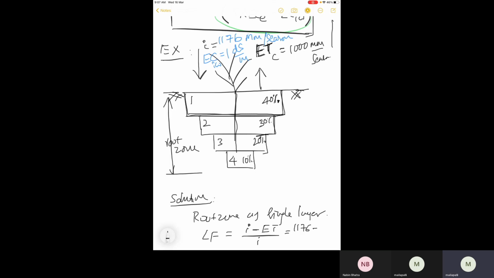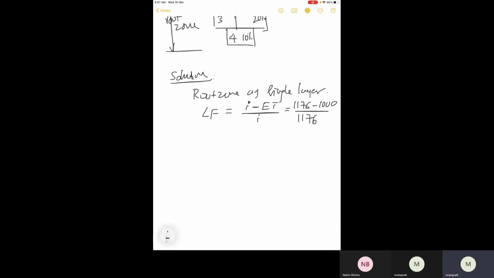This is the seasonal irrigation water, and the seasonal ET is that. So you get the leachate fraction, which will be equal to 0.15.